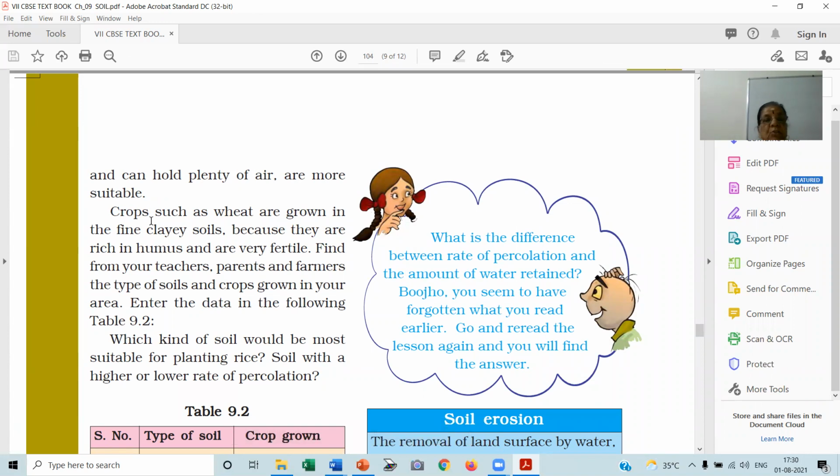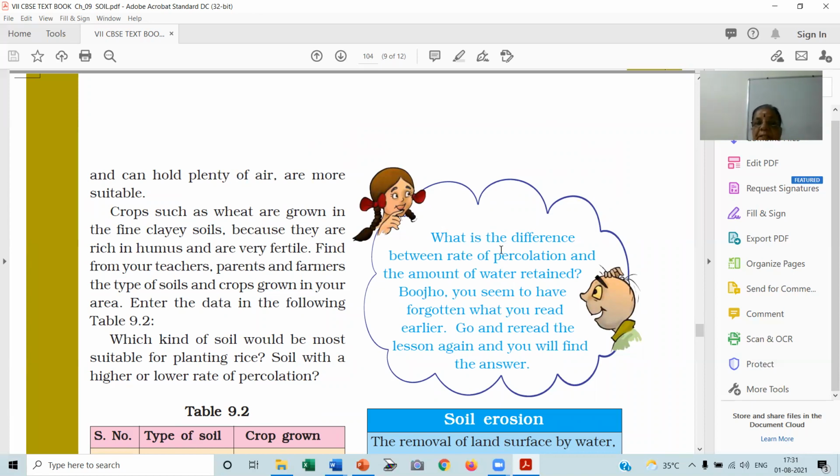And crops such as wheat are grown in fine clayey soil, because they are rich in humus and are very fertile. And these are the types of crops and the types of soil in which they grow. I hope you understand.